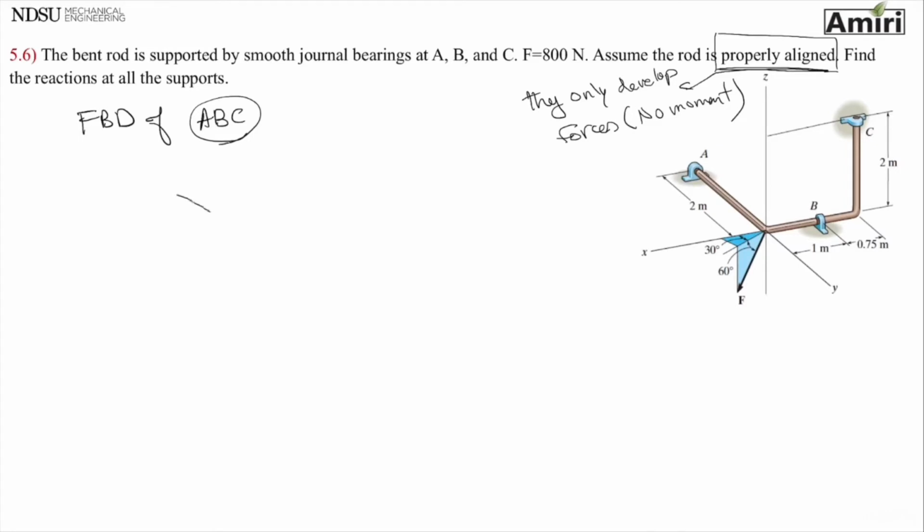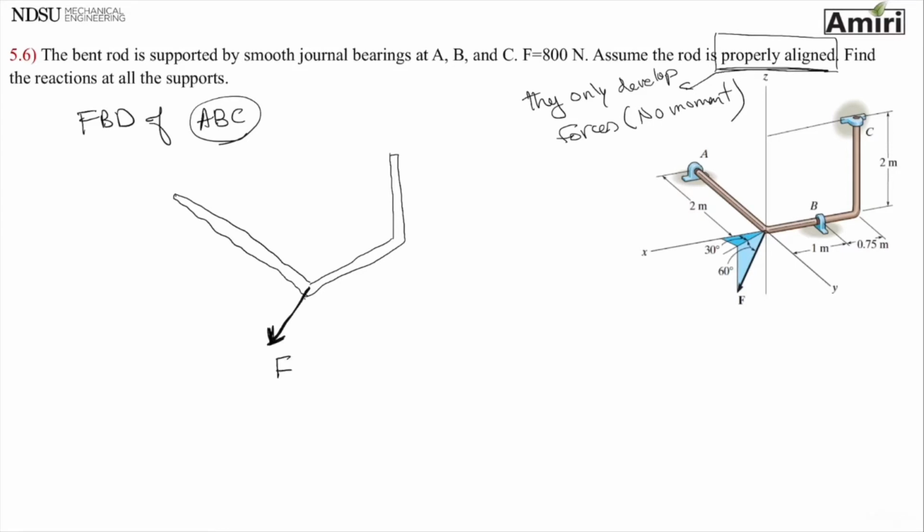Okay, so let's see. Free body diagram of the beam ABC. Let me draw the outline of this rod. Put active forces on there. One thing I got to do, well, let's just draw F for now. I'll get to it. I wanted to do the components of it, but it doesn't matter.